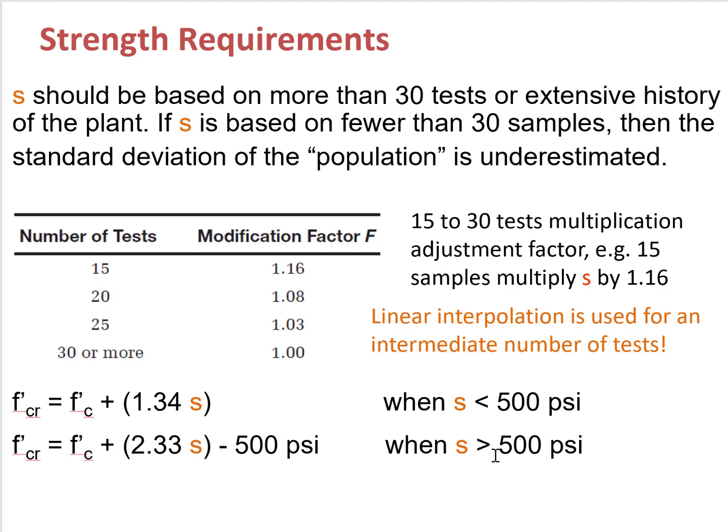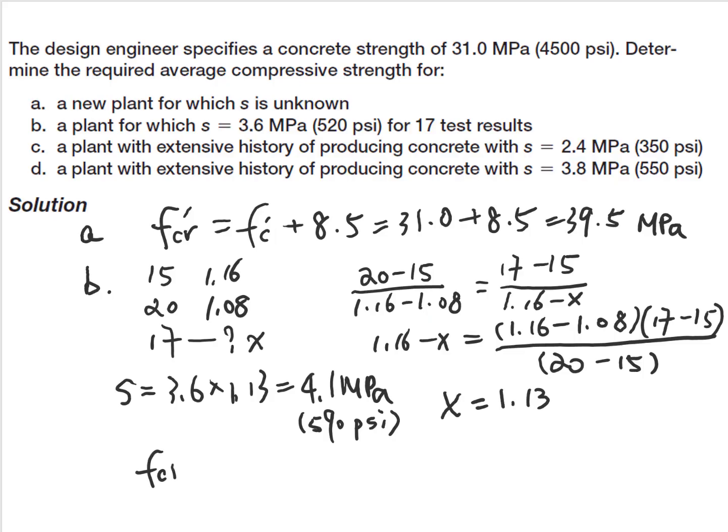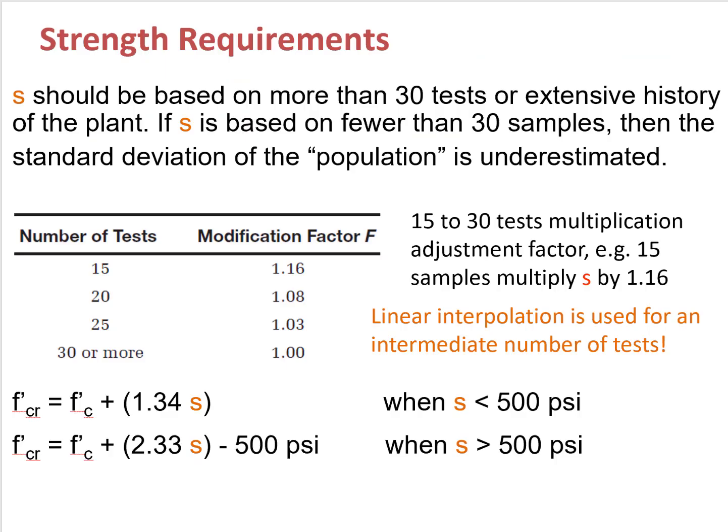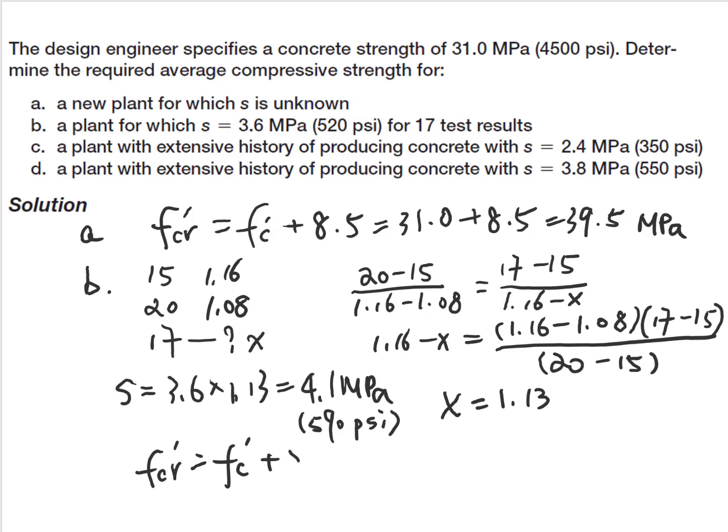So 590 psi is larger than 500 psi, so we need to use this formula. So f'cr equal to f'c plus 2.33S minus 500 psi.